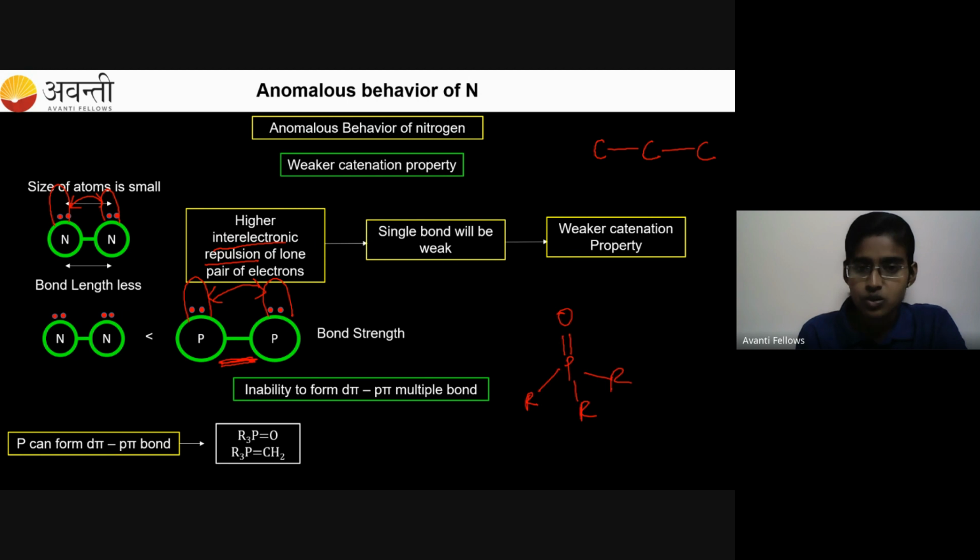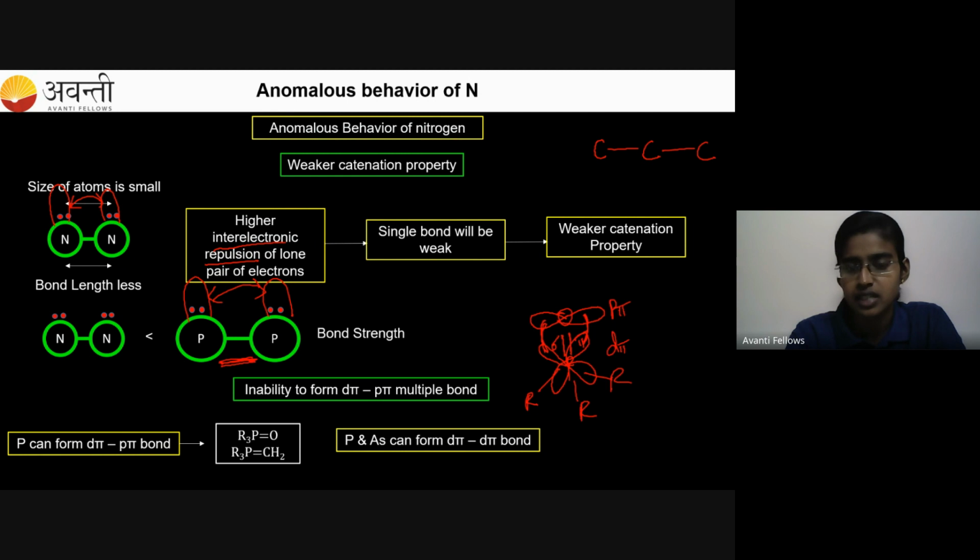Among these two bonds, one is a sigma bond and the other is a pi bond. This pi bond is formed by the overlapping of the d orbital of phosphorus and the p orbital of oxygen. So this sideways overlapping leads to the d pi p pi bond of phosphorus. But it is absent in the case of nitrogen.